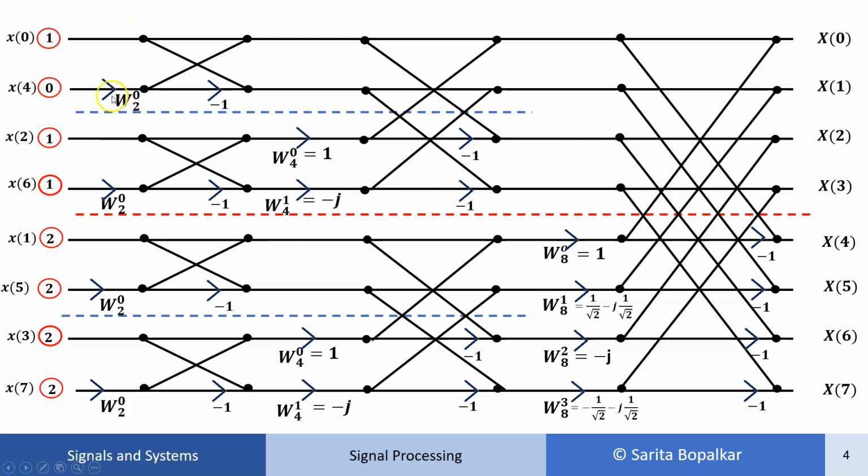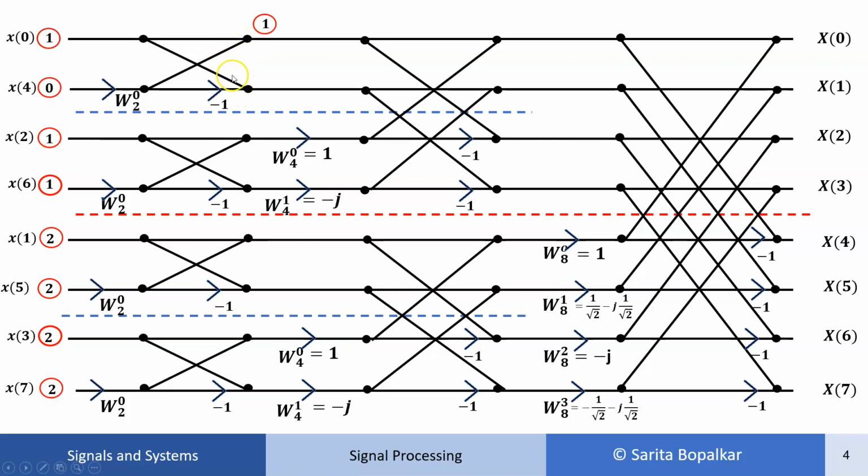So first, this arrow is a multiplier and this dot is an adder. First sample, here it has two inputs, this one and this one. This one goes directly here, plus this second input, 0, multiplied with this one. So it is 0. So 1 plus 0 is 1.